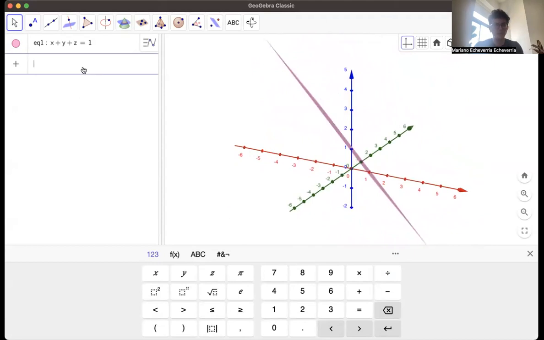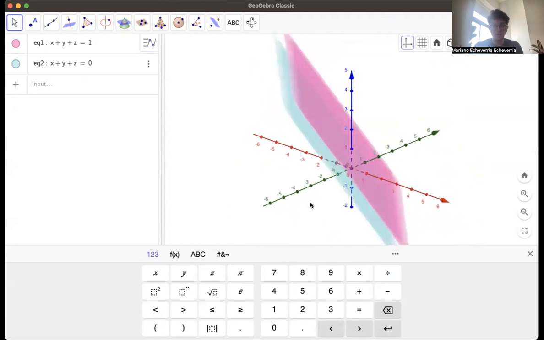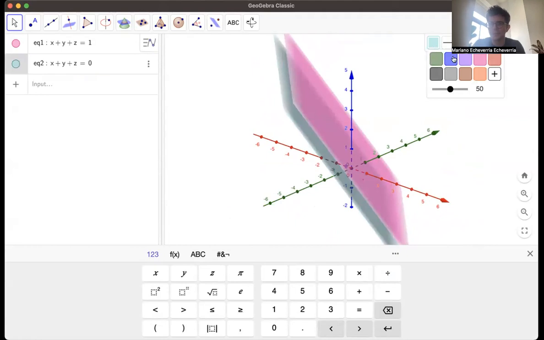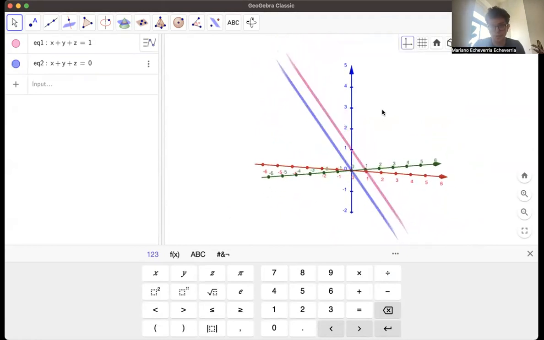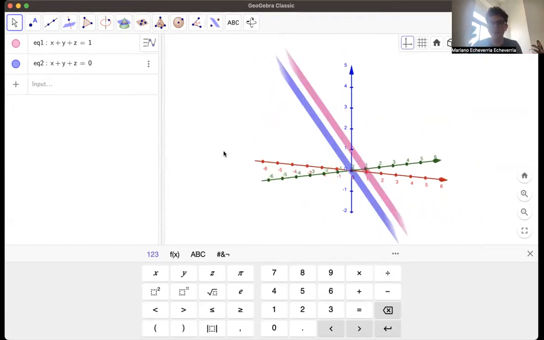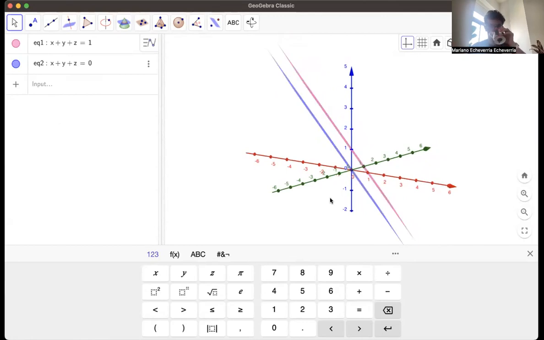And the second equation, x plus y plus z equals 0, is also a plane. I don't know if it's so clear to see, but it is a plane that ends up being parallel to the other one. The pink and the blue planes are parallel, essentially because the coefficients are the same in this case. You only need the coefficients to be constant multiples of one another, but that's a longer story. So you get two planes.